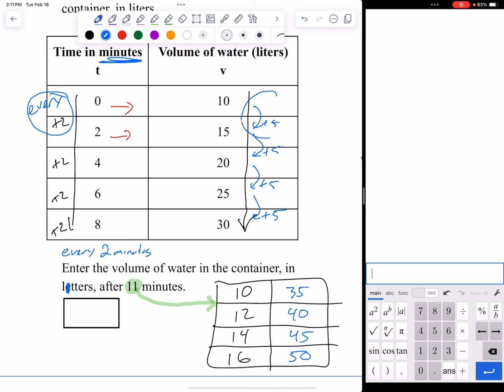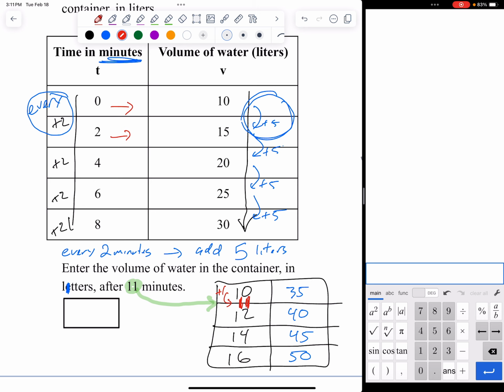Every 2 minutes, you add 5 liters of water. Interesting. Do you see where I'm going with this? Because I don't want every 2 minutes. I want to know the 11, right? So that's not 2. That's 1.